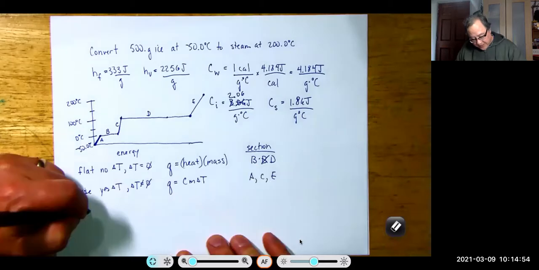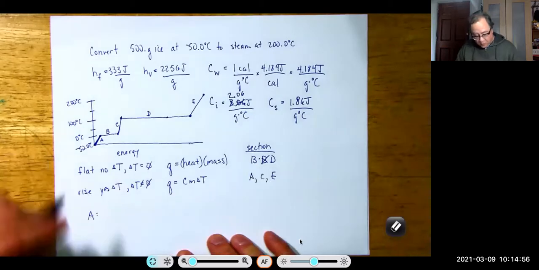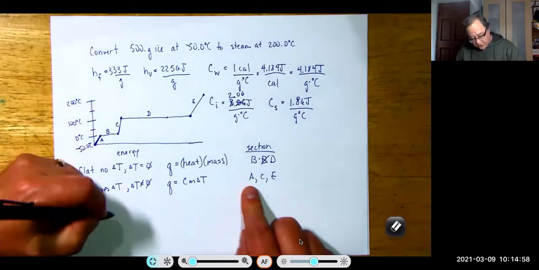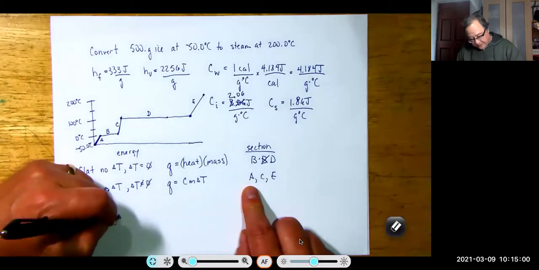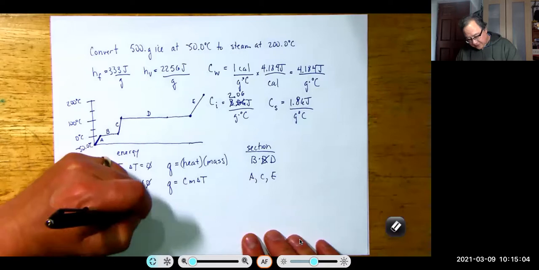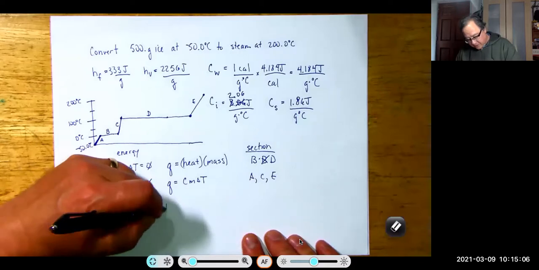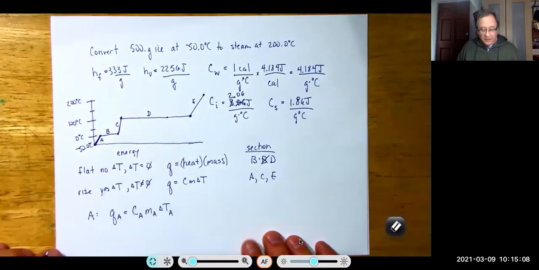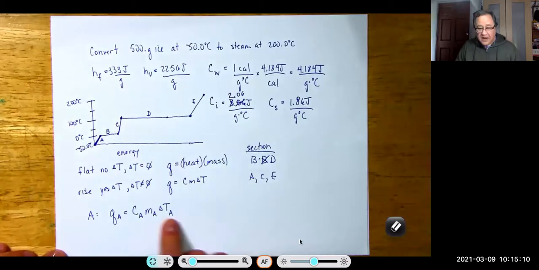So for section A, which is a rise, the Q for section A is equal to the specific heat capacity for section A, the mass for section A, and the change in temp for section A. The reason I'm putting all these letters here is so that I make sure I know I need the values for section A. Fair enough?